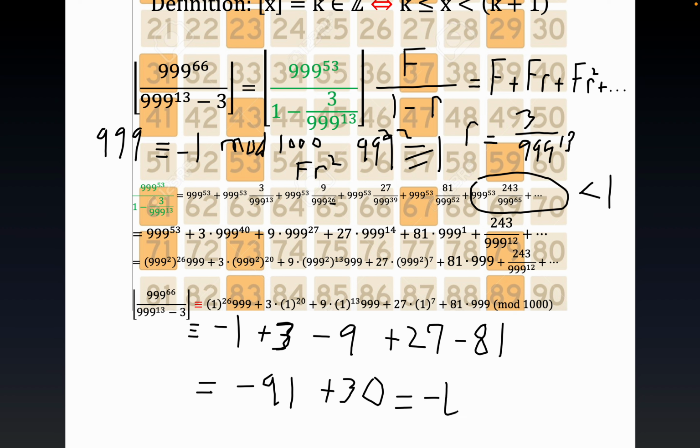Now, y'all, let's keep our eye on the prize. What are we looking for? We're looking for the remainder of this thing. And this is not going to be a remainder, mod 1000. A remainder would be a number between 0 and 999, right? So notice that this is congruent to 939.